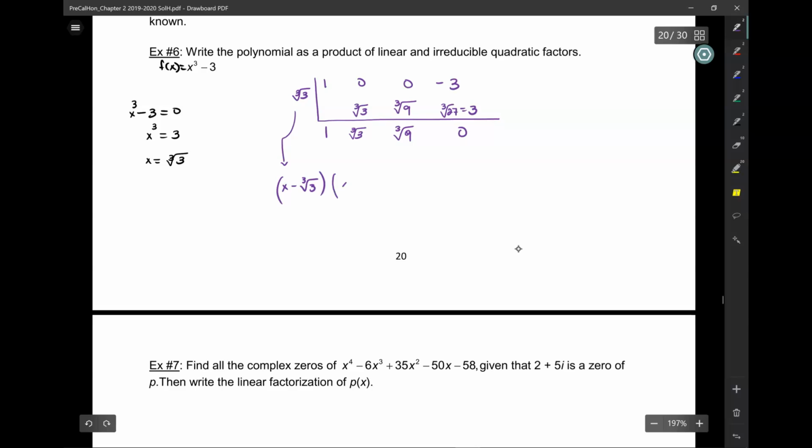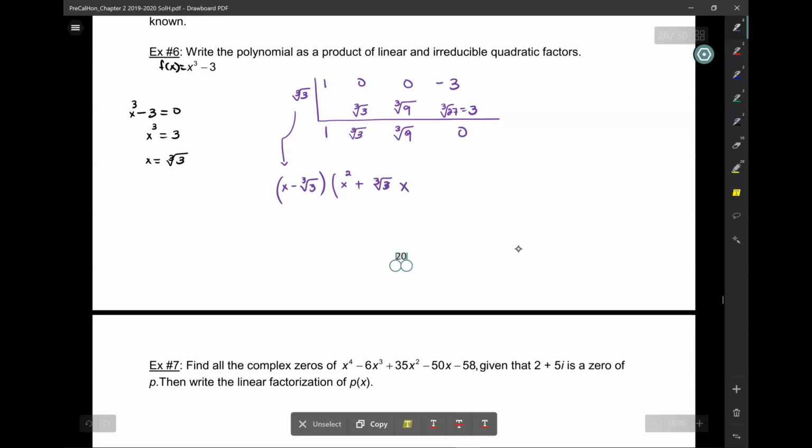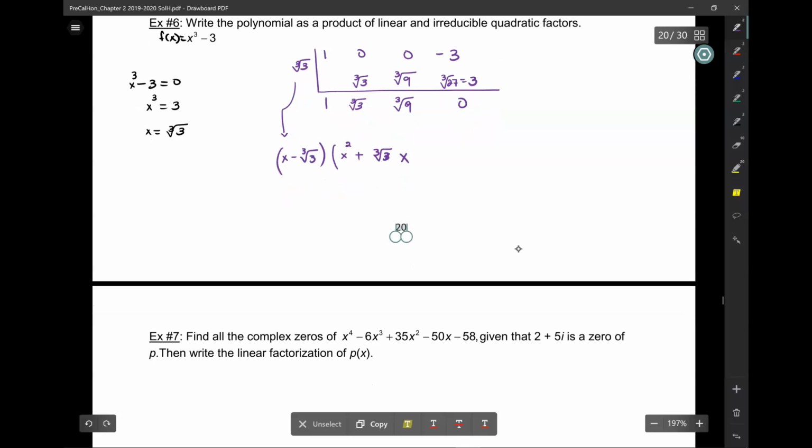I have 1x squared plus the coefficient is cube root of 3 times x, plus cube root of 9. That's your f of x. All right.